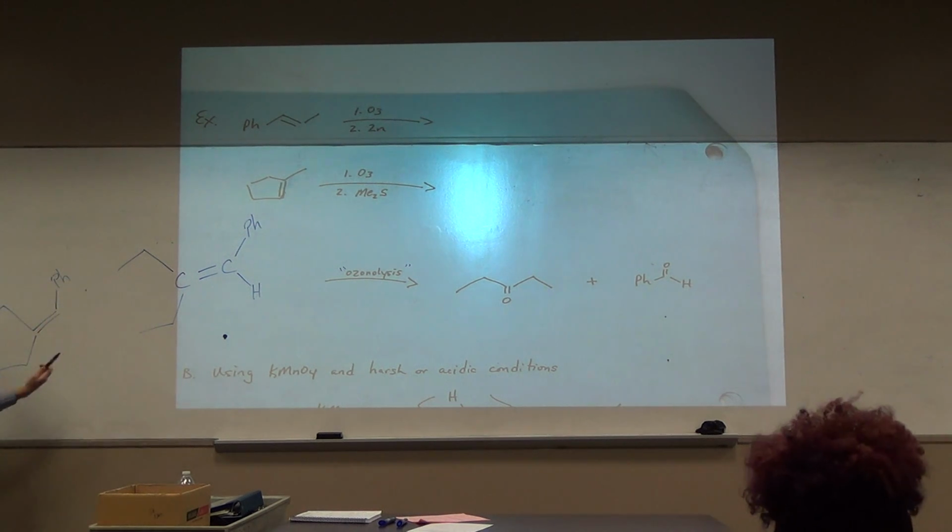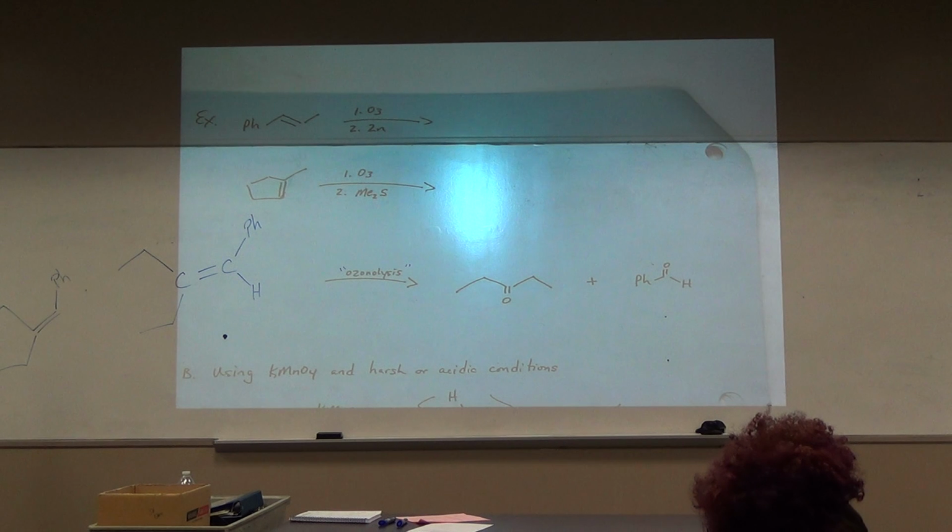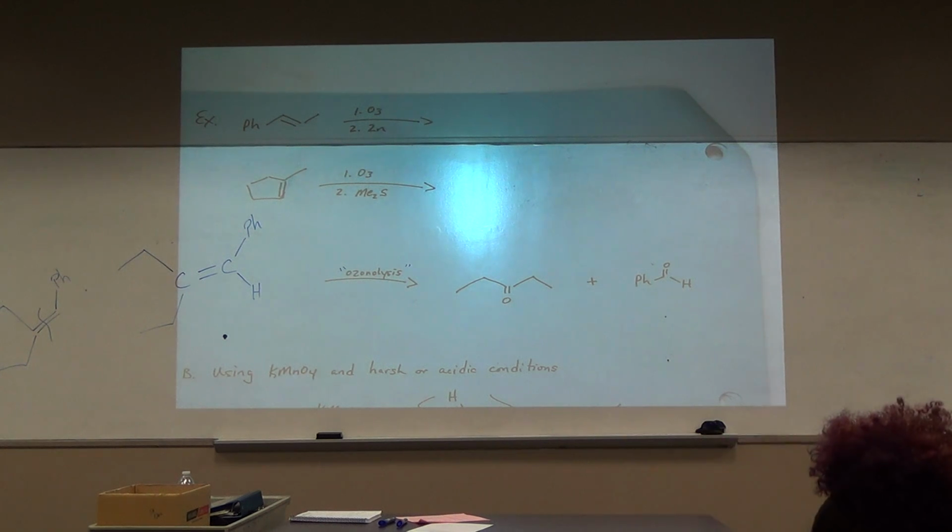If we put the phenyl here, it's the same thing, so we don't even have to think about it. Right? Wouldn't this cleave to give those two? Yeah, there's your product. That's a very common question going backwards. I think there's one like that in the workbook.